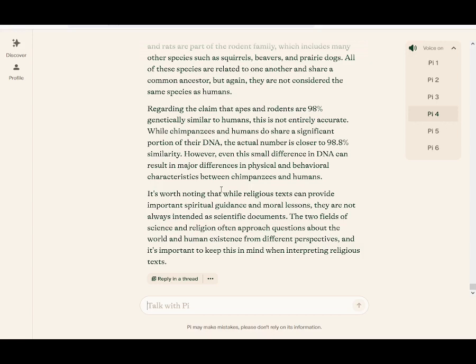It's worth noting that while religious texts can provide important spiritual guidance and moral lessons, they are not always intended as scientific documents. The two fields of science and religion often approach questions about the world and human existence from different perspectives, and it's important to keep this in mind when interpreting religious texts.